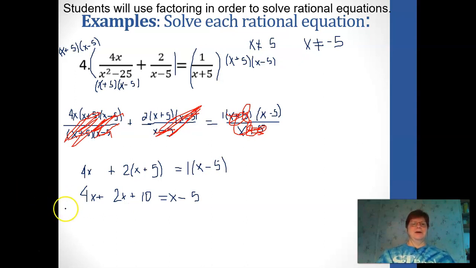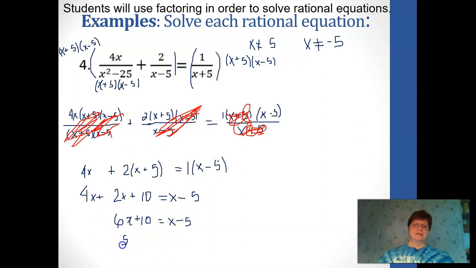Okay, so 4x plus 2x is 6x plus 10 equals x minus 5. And we're solving equations. So we're going to get all of our x's on one side.